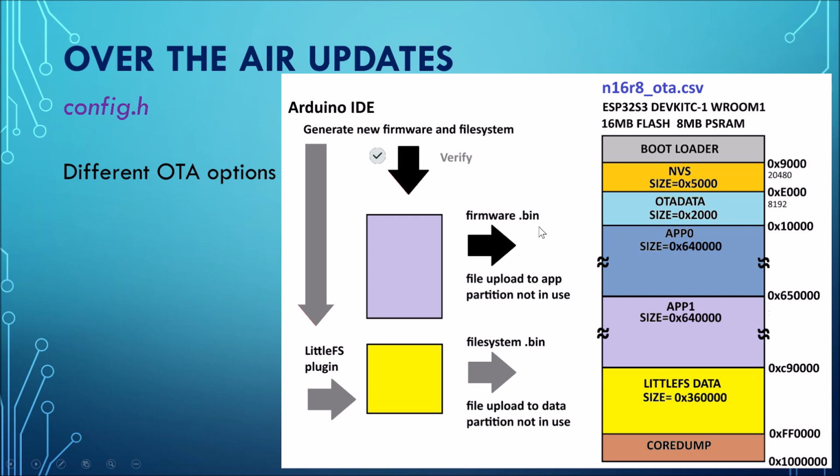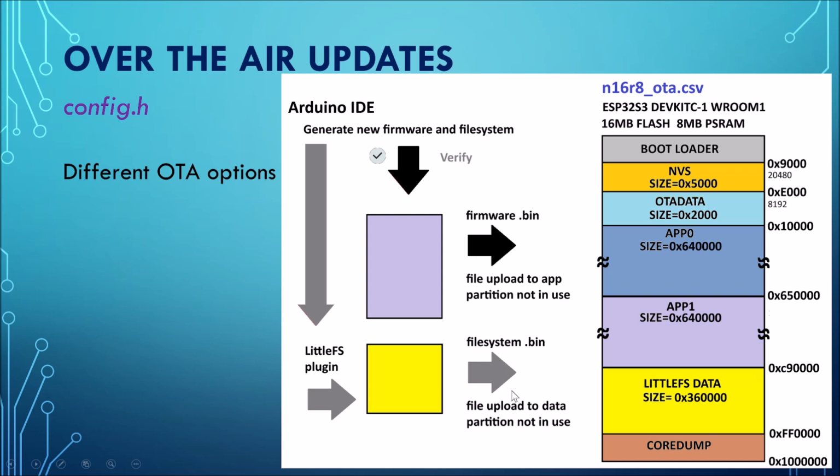After the firmware.bin file has been uploaded into the correct app partition by the OTA server that we're running, it then flags the bootloader and says, instead of booting off app 0, please boot off app 1. And so that's why when you reboot, the bootloader will load the new firmware off app 1, and it will flag the previous app 0 position as not in use.